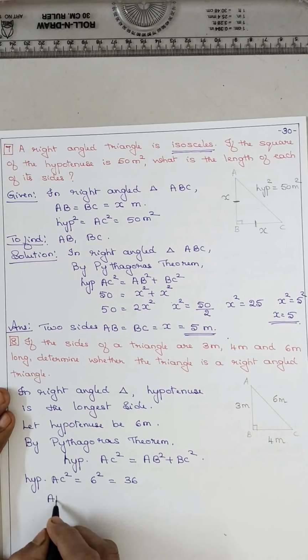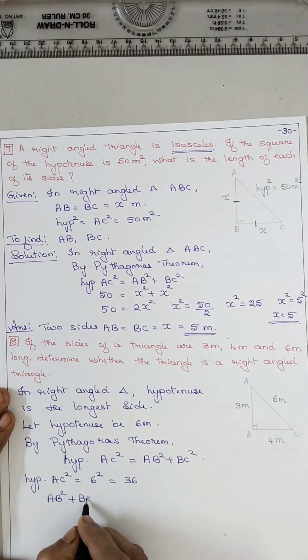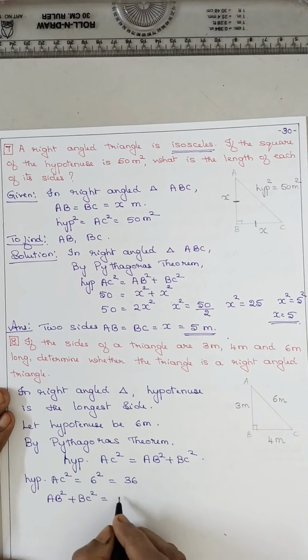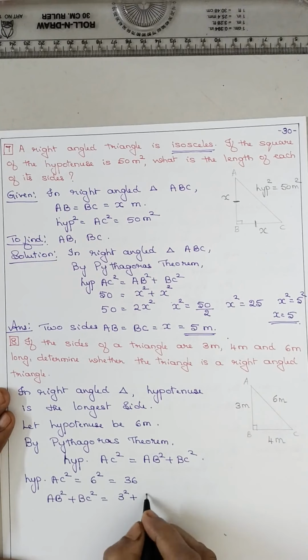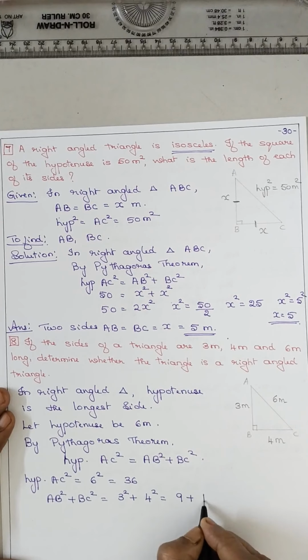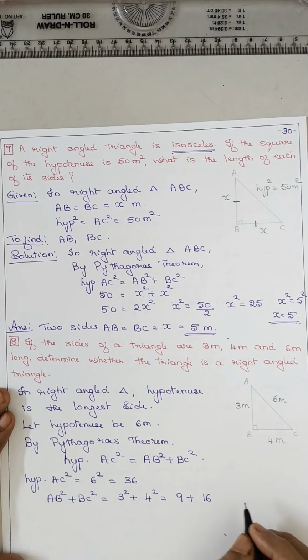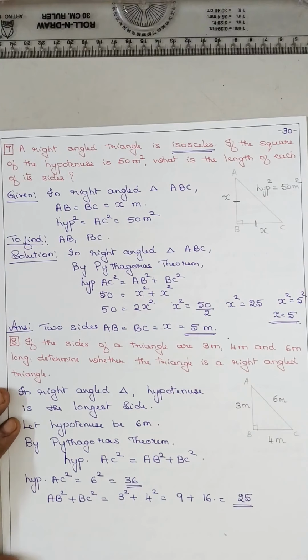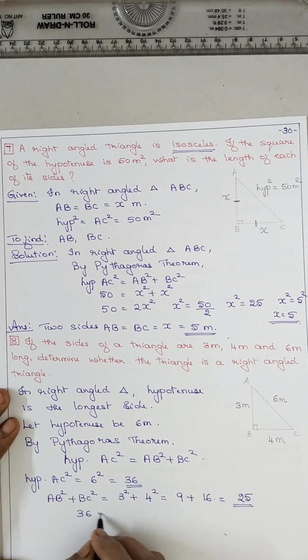AB squared plus BC squared is equal to 3 square plus 4 square. 3 square is 3 3s are 9, 4 square 4 4s are 16, 9 plus 16 is 25. Are they equal? No. So 36 not equal to 25. AC squared is not equal to AB squared plus BC squared.